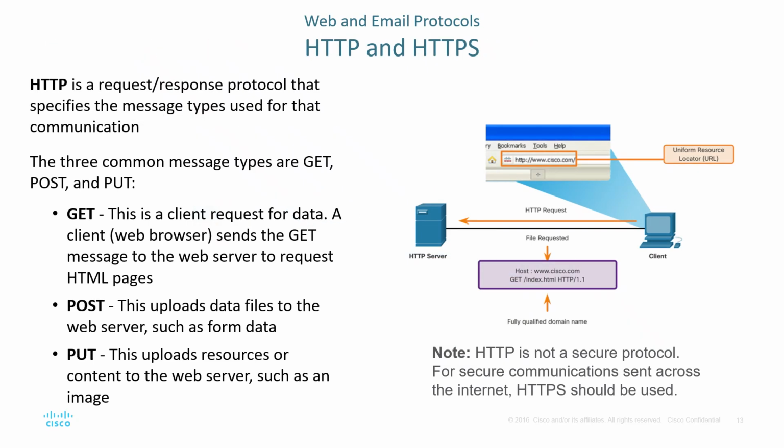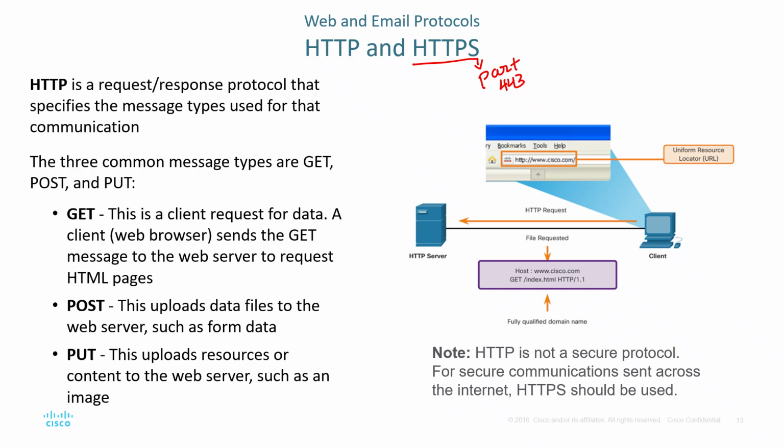So within HTTP and HTTPS, which is the secure version that utilizes port 443, okay, the three common message types are the get, the post, and the put. The get is a client request for data.